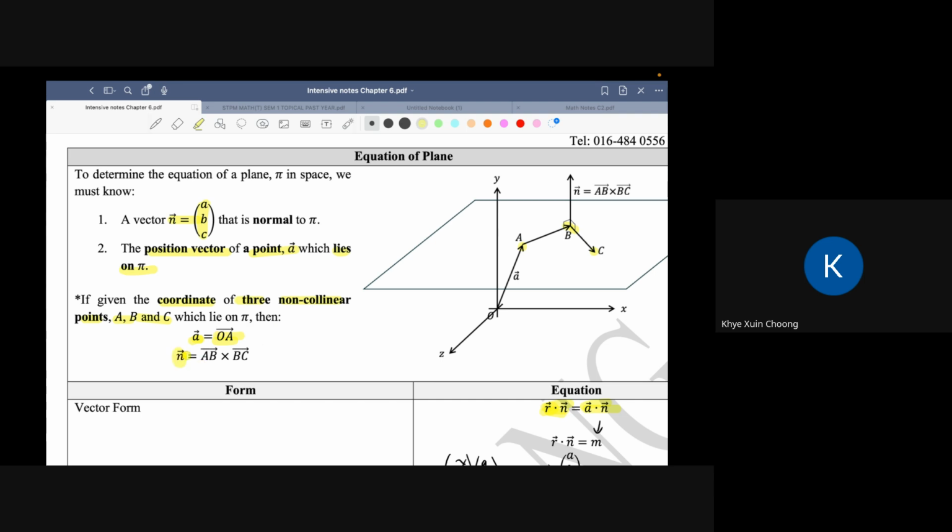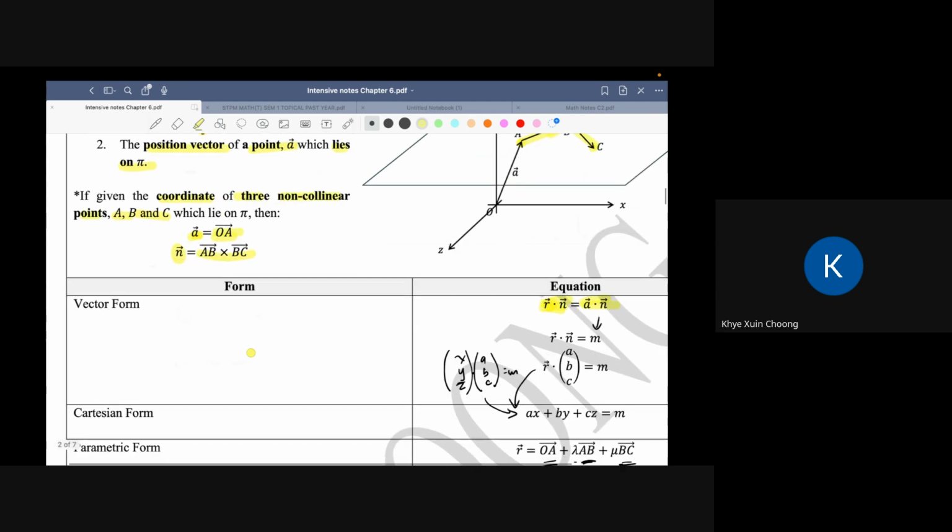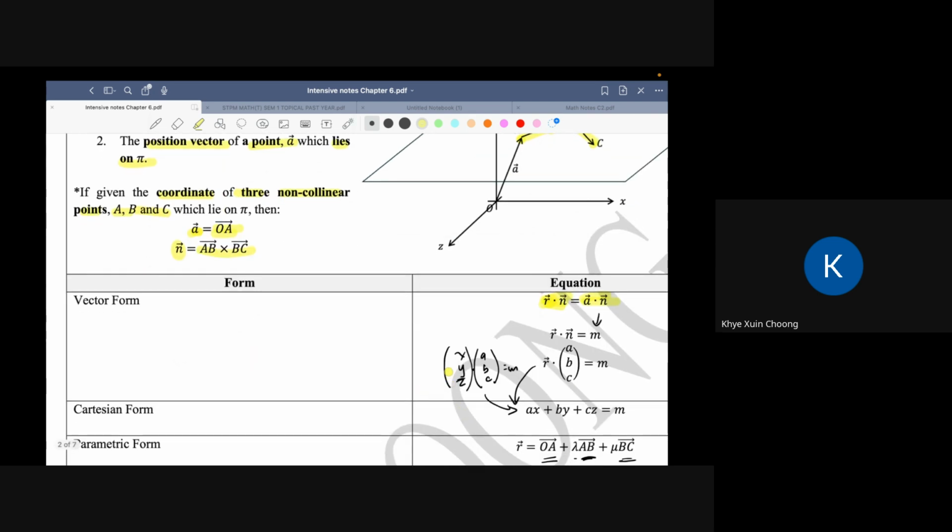Then for your normal vector, if you recall, when you cross product two vectors, you get a vector that is normal to both of them. So you just use AB cross BC, and you will get a normal vector that is normal to both of them. When the normal vector is normal to both AB and BC, it's actually normal to the plane. So we can use this method to get the normal to the plane. We first find the position vector and the normal to the plane, then we can proceed with the same method to find the vector form or Cartesian form.